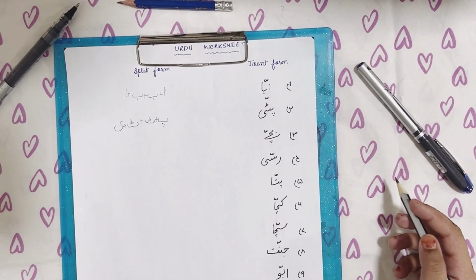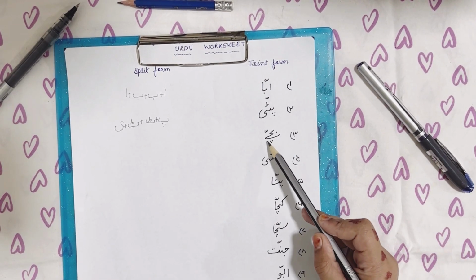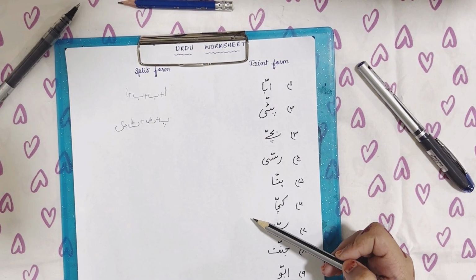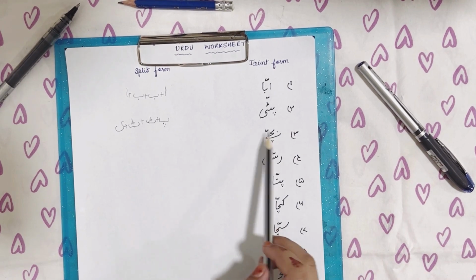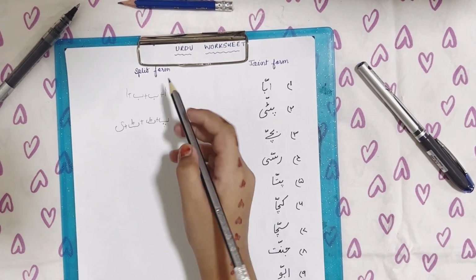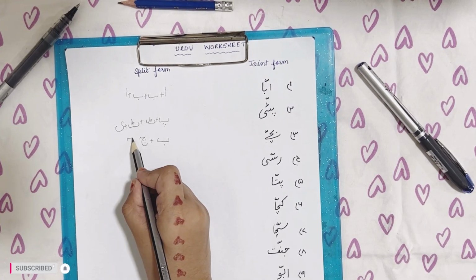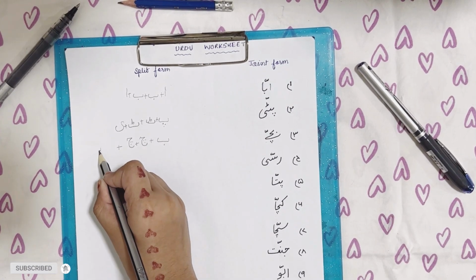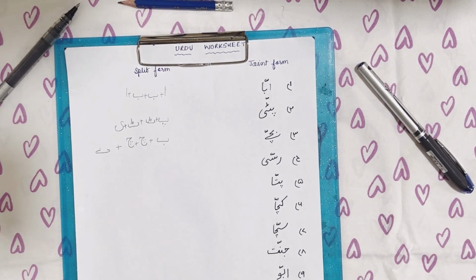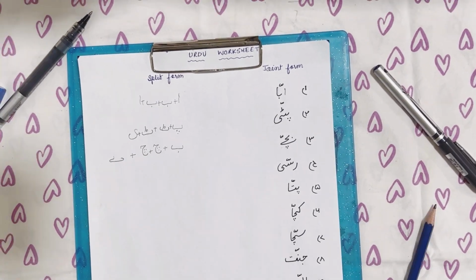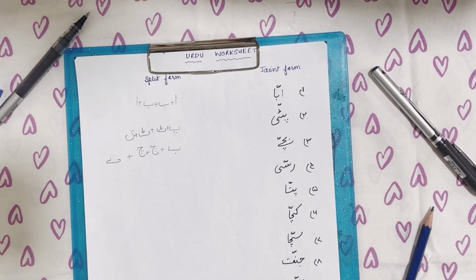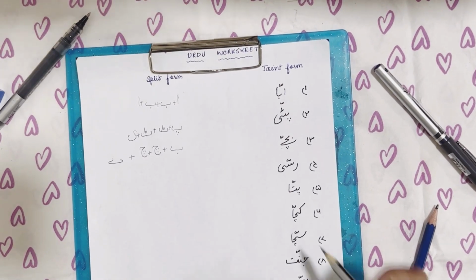Okay. Read the next word now. This is bacche. Okay. Write the split form. Bacche. Very good. Now next. Read the word. What is the next word?